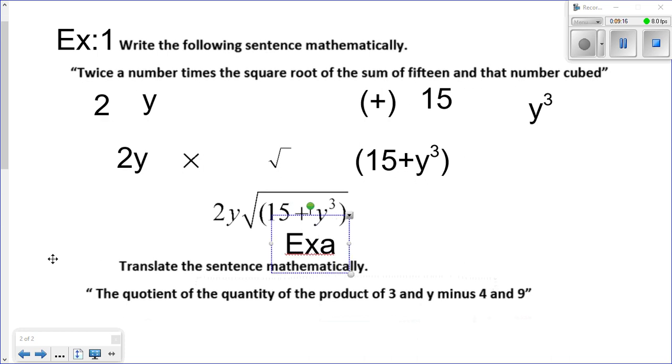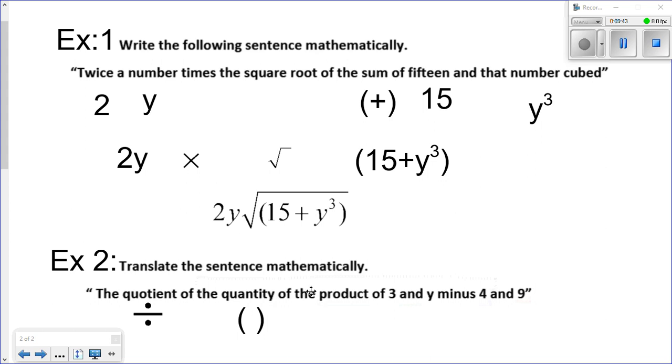Here is example 2. So I'm just going to write EX2. Again, you don't need to write the directions for the examples, but you do need to write out the words. So the quotient of the quantity of a product of 3 and a number minus 4 and 9. Okay, so quotient is like the result you're going to get when you divide. Quantity means I'm using parentheses.